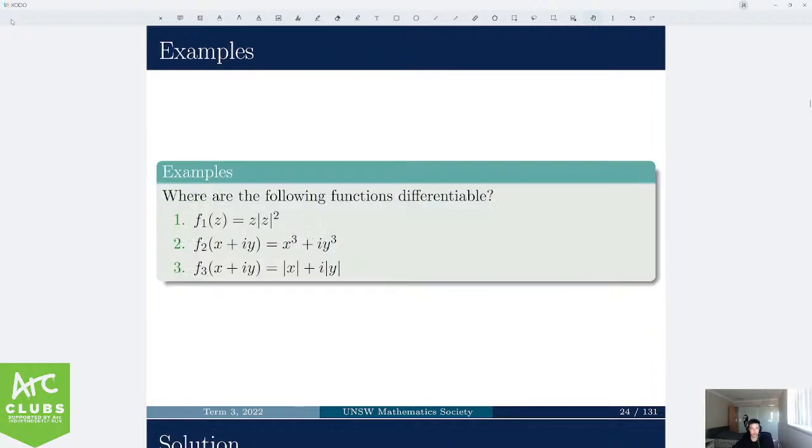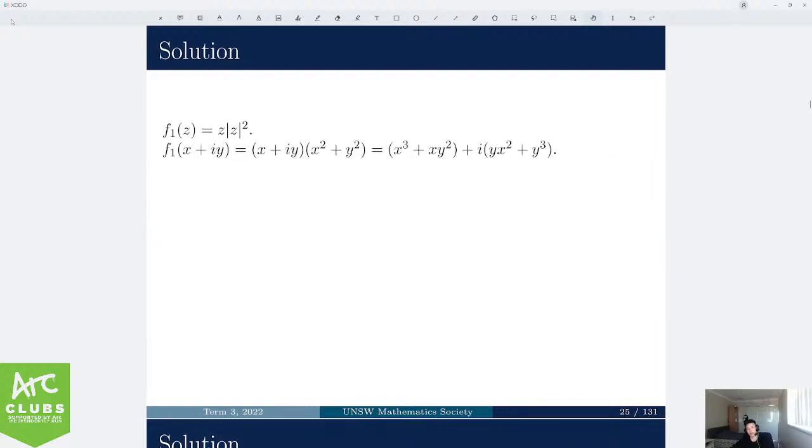Some quick examples. Where are the following functions differentiable? In this case, we're going to be using our Cauchy-Riemann equations. Firstly, we need to sub z equals x plus iy, and we want to separate into real and imaginary parts.